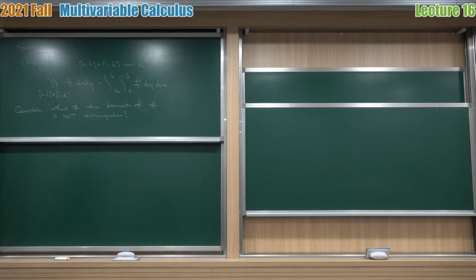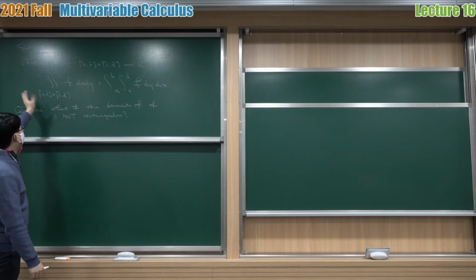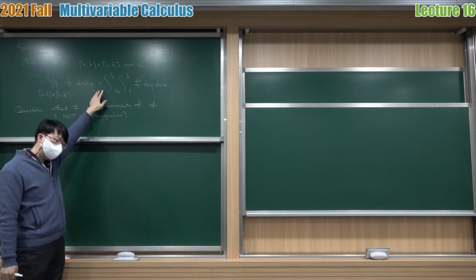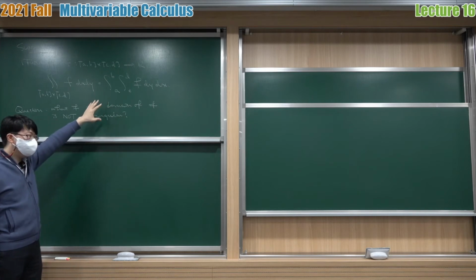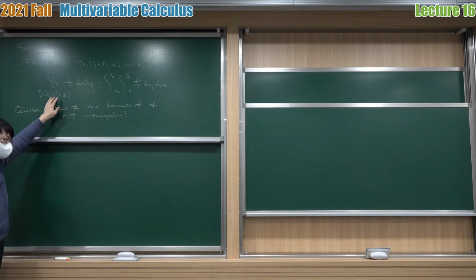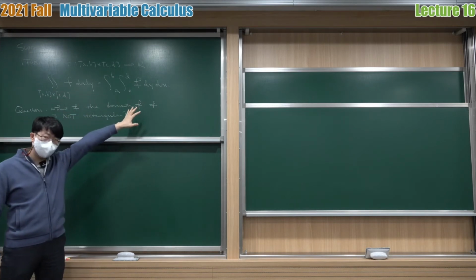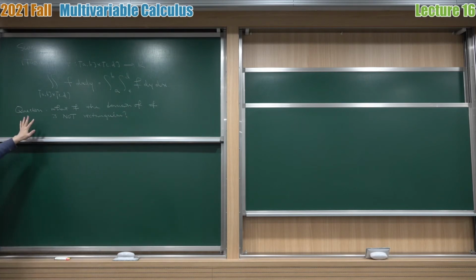The question is not simple. What do we mean by what if? I'm asking whether these equations hold, or what we should do to compute the double integral and the iterated integral and so on. So I have to break this question down into more questions.